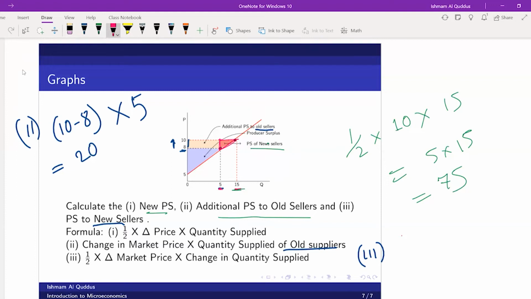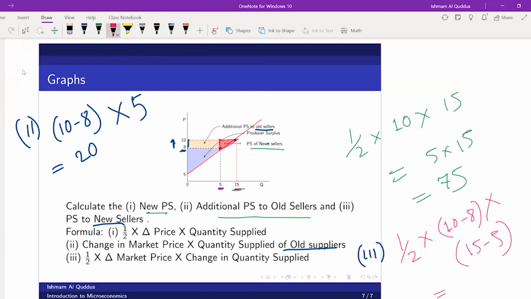The way we calculate this is half multiplied by 10 minus 8 multiplied by 15 minus 5.